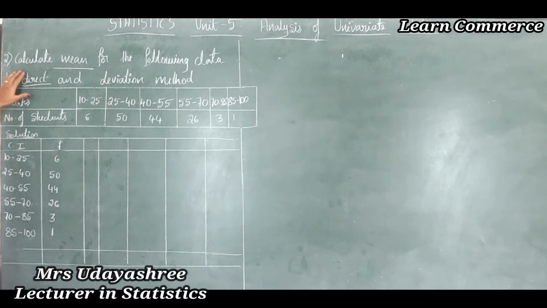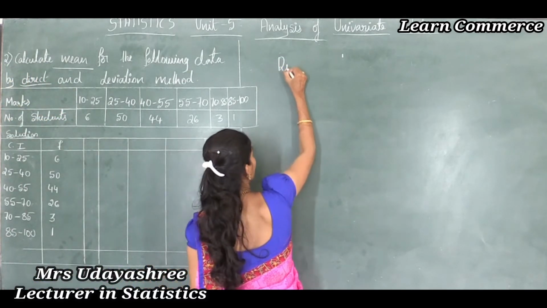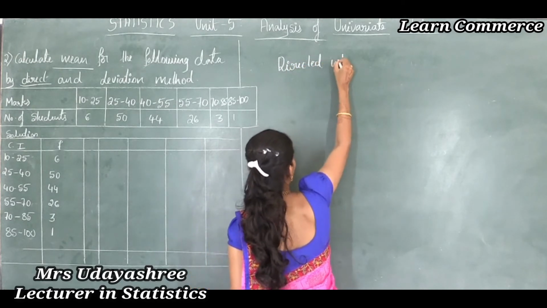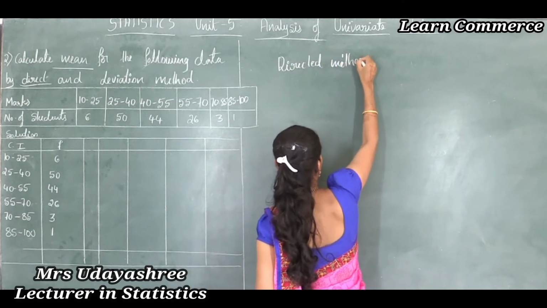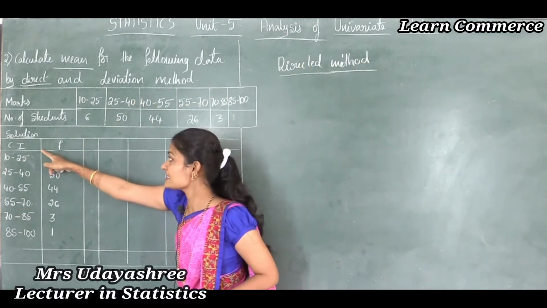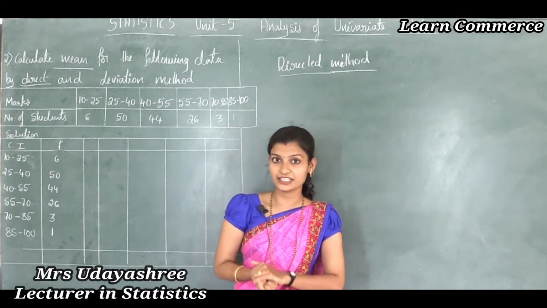So we need to calculate mean for the following data by direct and deviation method. Let's see the direct method. Here class intervals along with frequencies are given, in the sense continuous data are given.